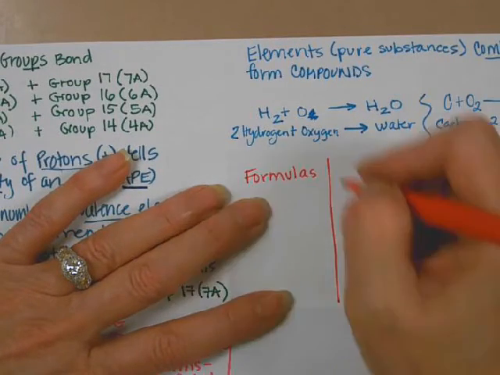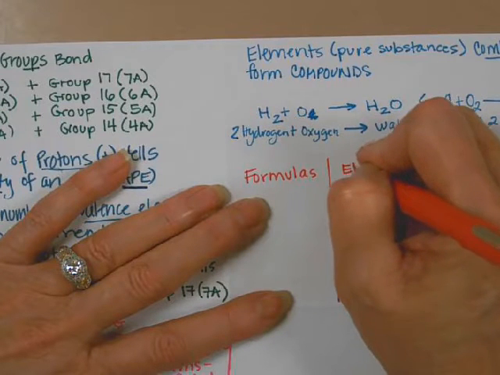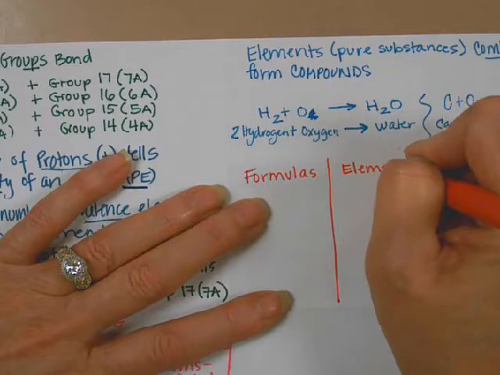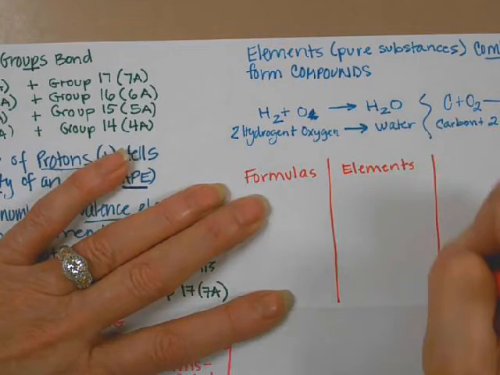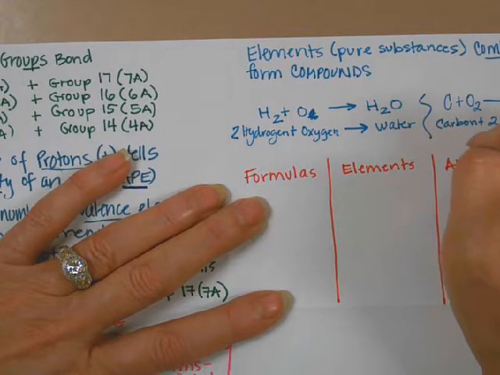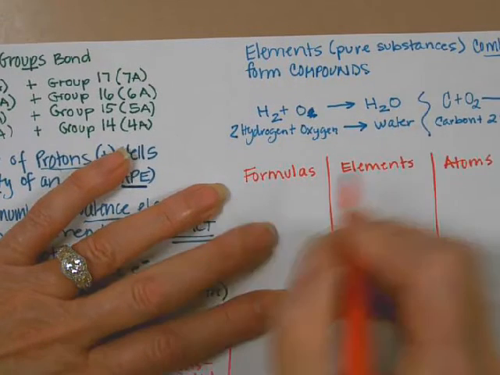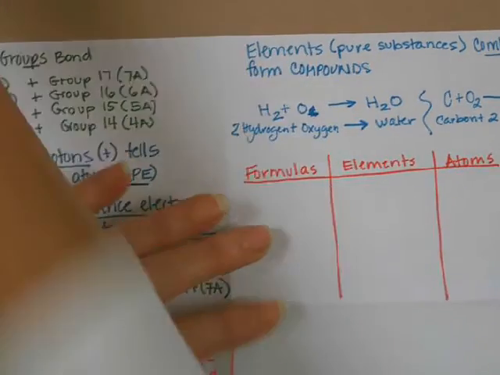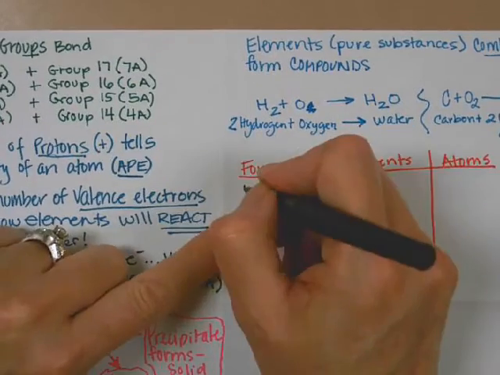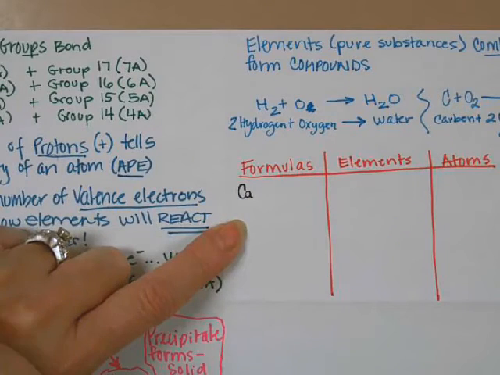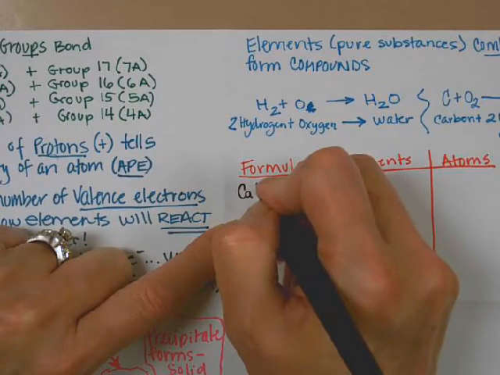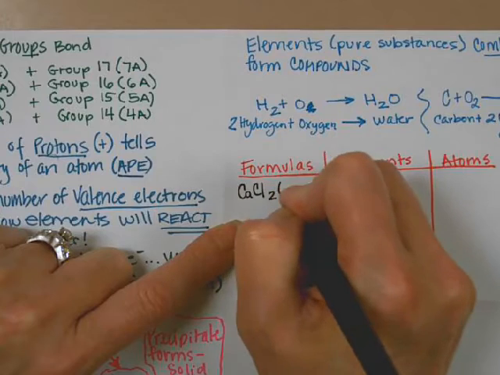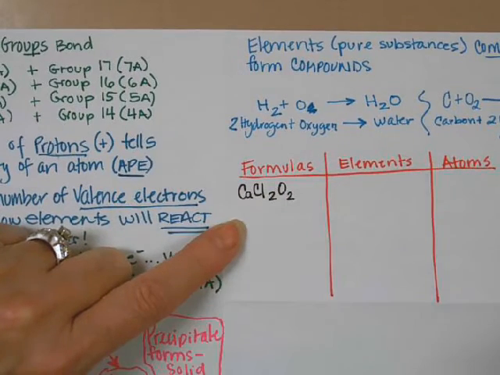And then we're going to say elements present, and then how many atoms. So let's start with the formula. Let's start with CaCl2O2.